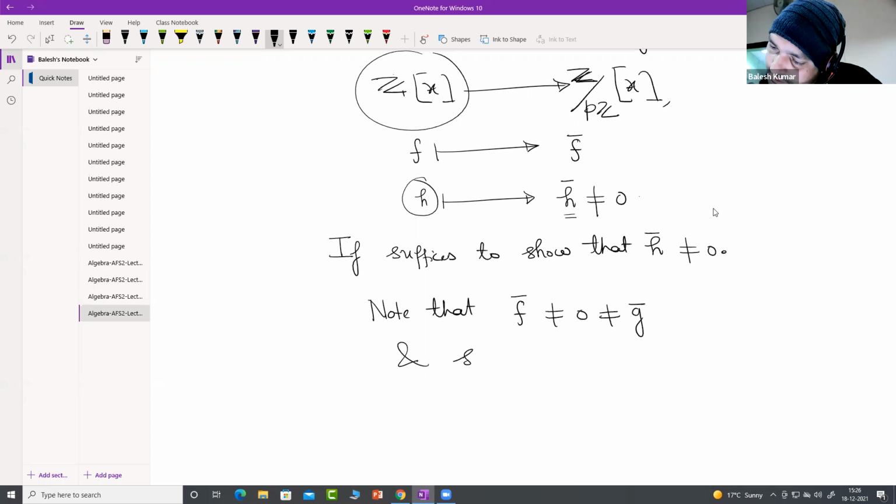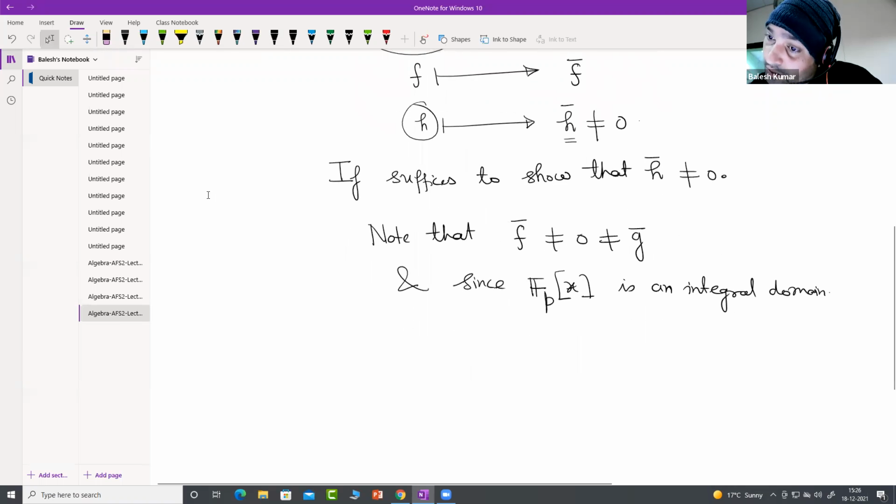And since (Z/pZ)[x] is an integral domain, if two elements are non-zero, then their product will be non-zero. It will not have any zero divisor.